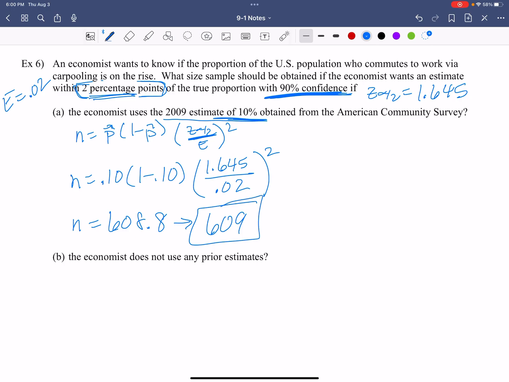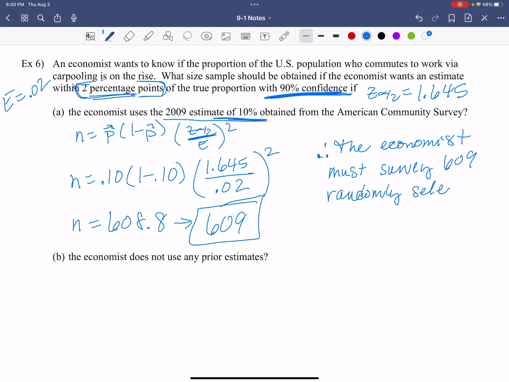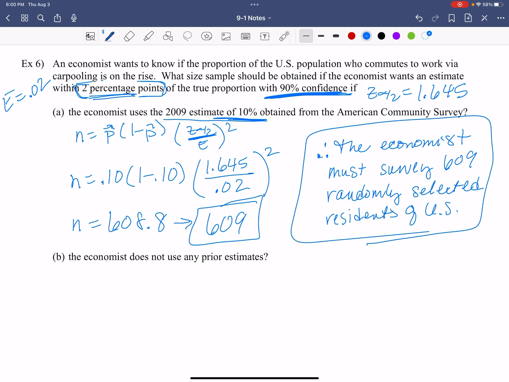You always go to the next one. Therefore, the economist must survey 609 randomly selected residents of the U.S. 609, because you always round up no matter what. That's assuming that I have a prior estimate.